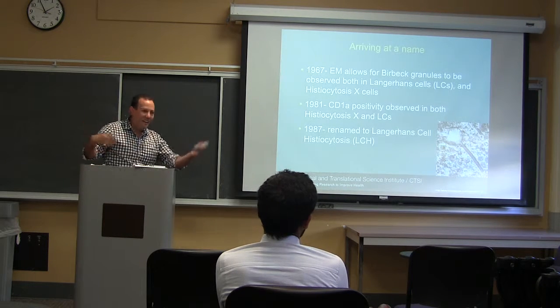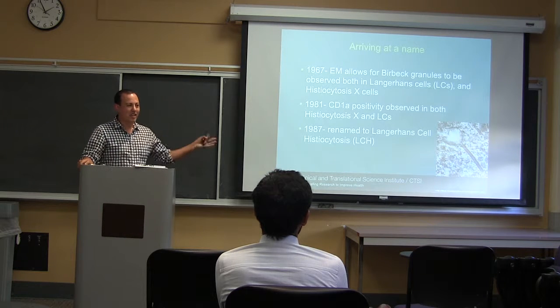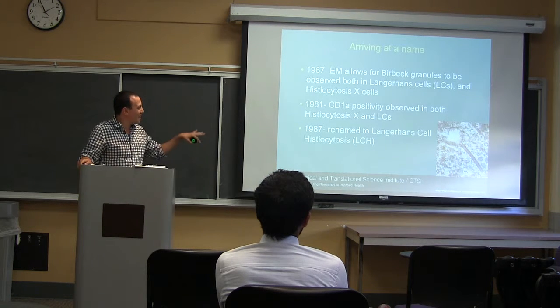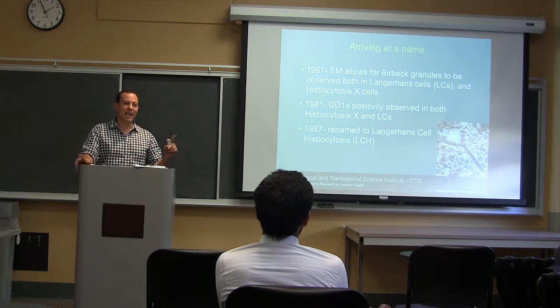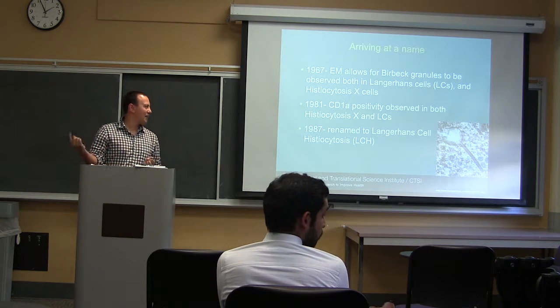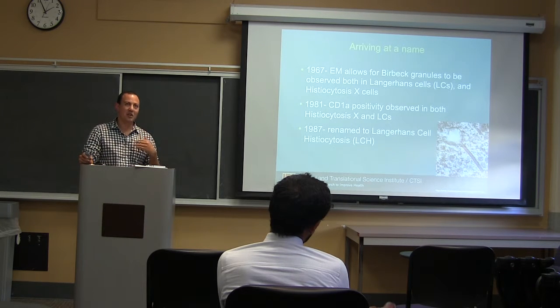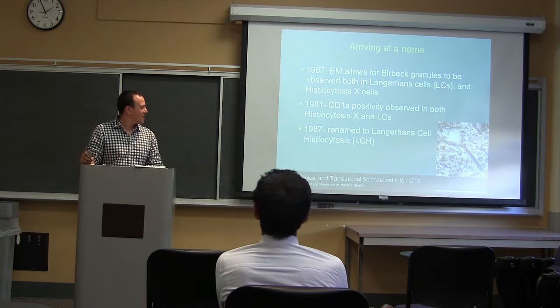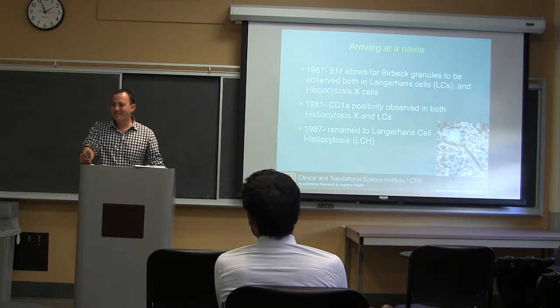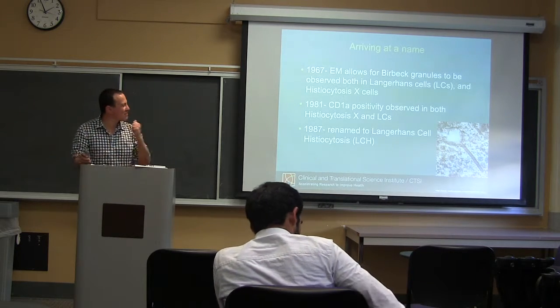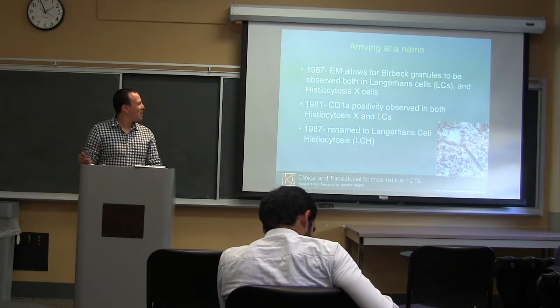Flash forward another 10 years, and they started doing immunohistochemistry staining, and they noticed that CD1a is present both in the cells in histiocytosis X and in Langerhans cells. And then finally in 1987, they renamed histiocytosis X to Langerhans cell histiocytosis, which is the name that's still around today. Whether that will change in the future, it's possible. But that is history. Yeah, hopefully, bringing back that era of medicine.